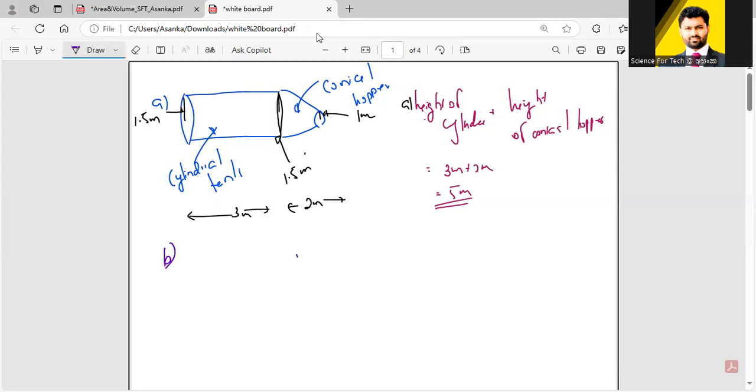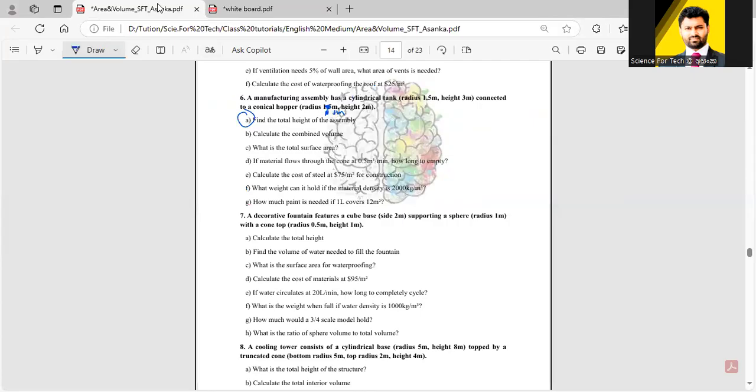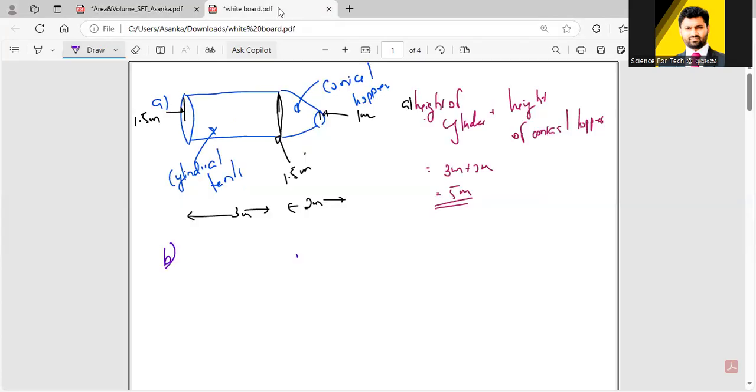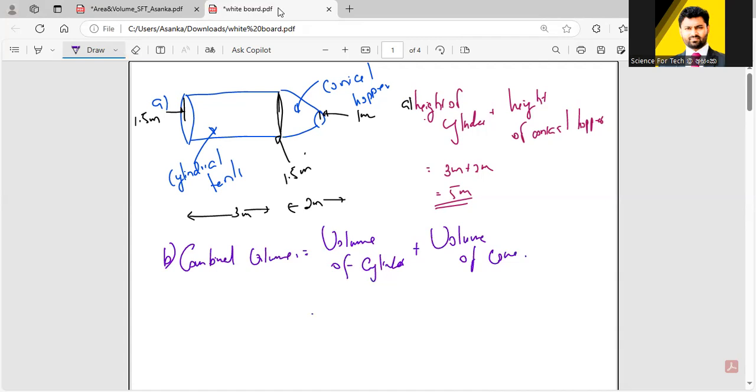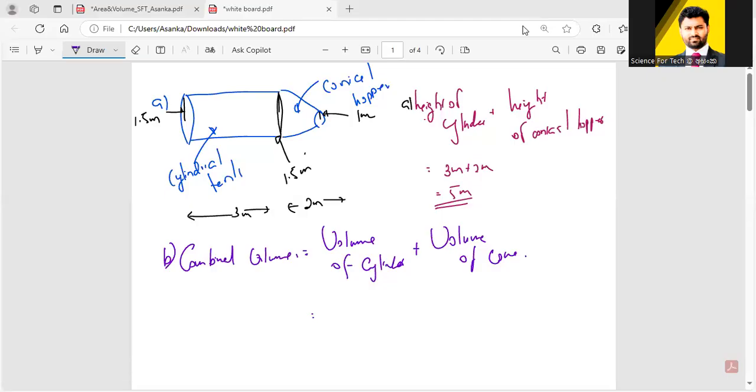Part B: calculate the combined volume. The combined volume should be equal to volume of cylinder plus volume of cone.